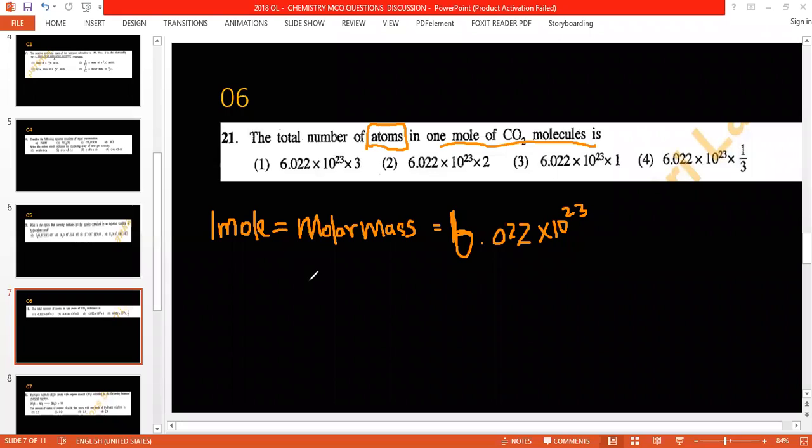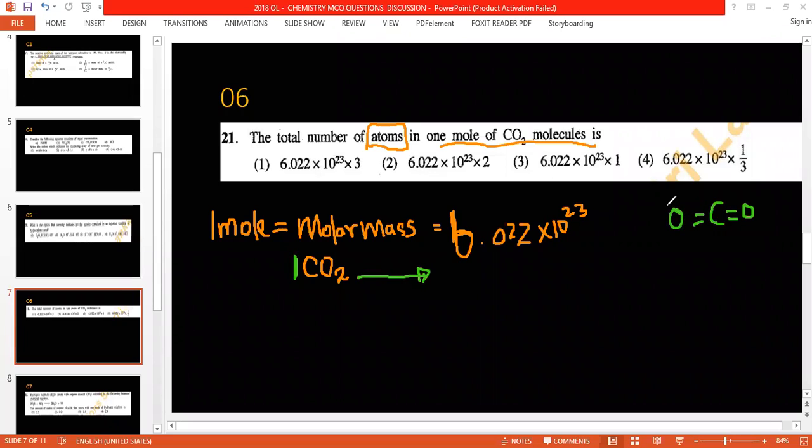Look at this one, I take carbon dioxide, CO2. I am taking 1 carbon dioxide molecule. This is the structure of carbon dioxide; this is not the Lewis structure.